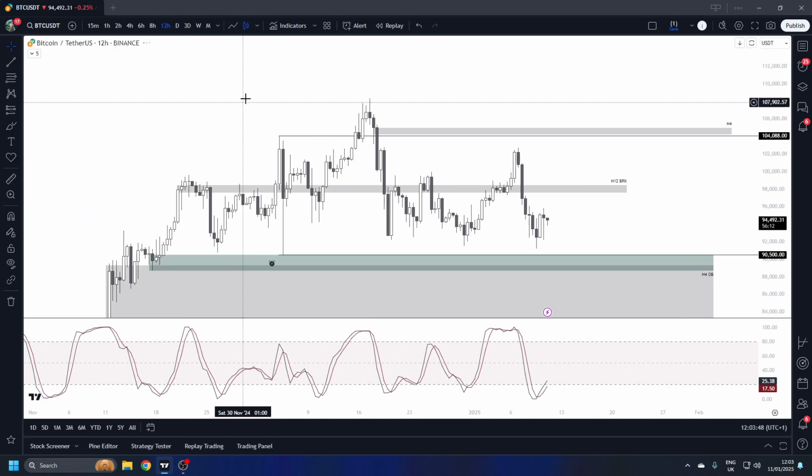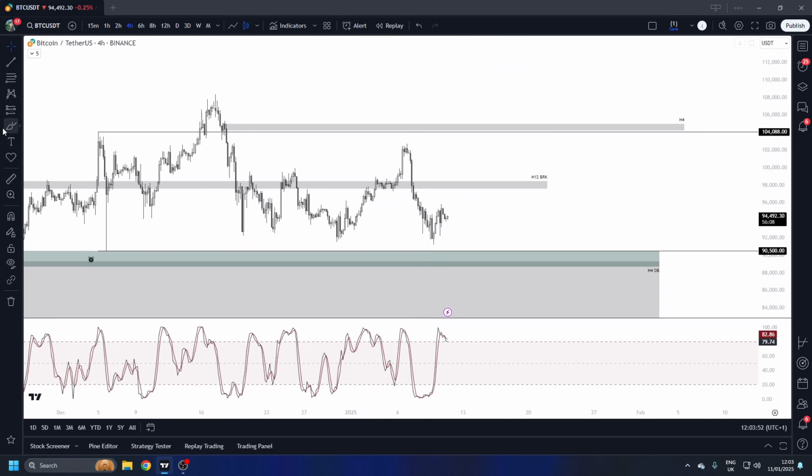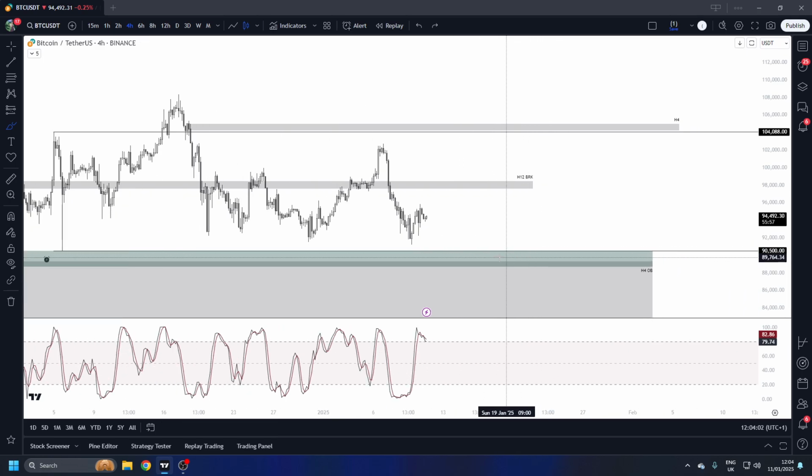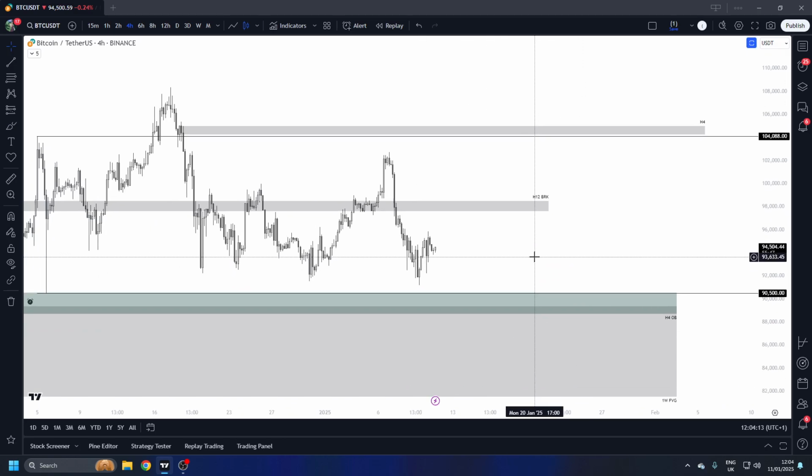I also want to time it with the H4 once we are down here. Look for maybe an RSI divergence if that appears, and then look at the delta. If you have people opening aggressive shorts down here, they're gonna get absorbed, and you're gonna look for your long trigger. And yeah, that's it for BTC.